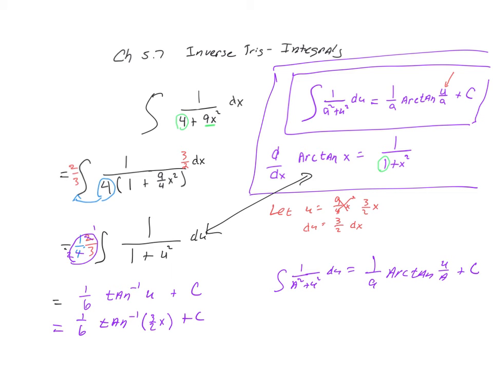Now let's double check our u's and our a's here. From the original problem, my a would have been a 2, and then my u, if we're looking for quantity squared there, would have been a 3.